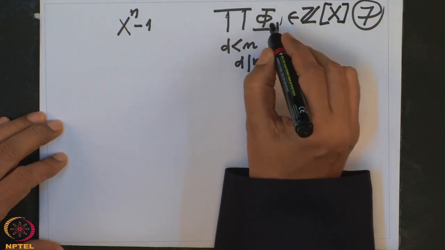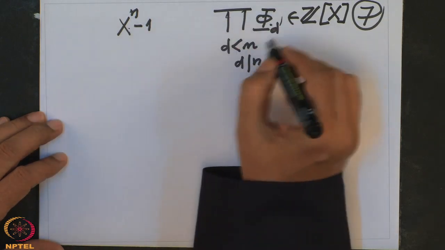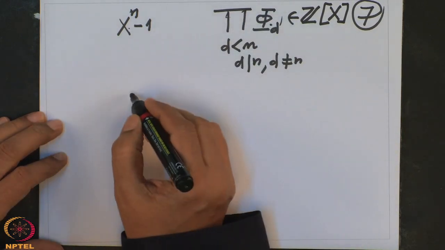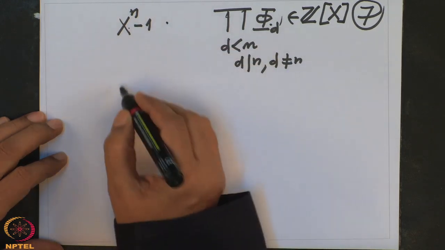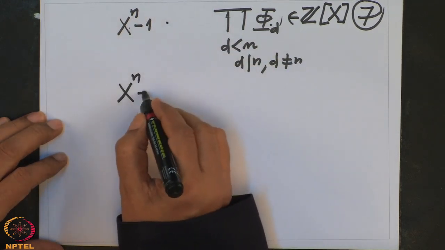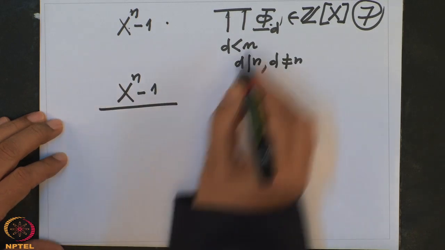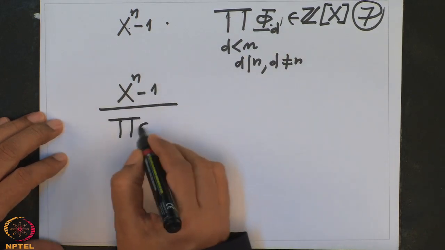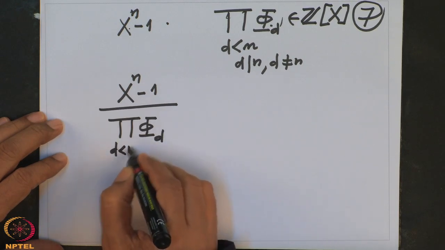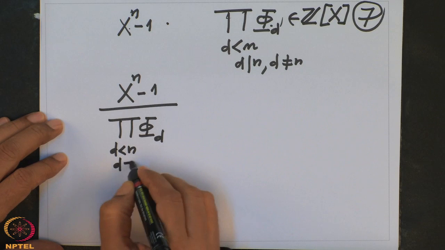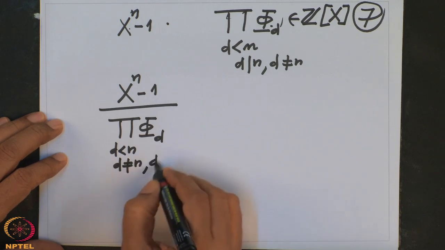This is a monic polynomial. So when I divide x to the n minus 1 by this product, over d dividing n with d not equal to n, what do I get?